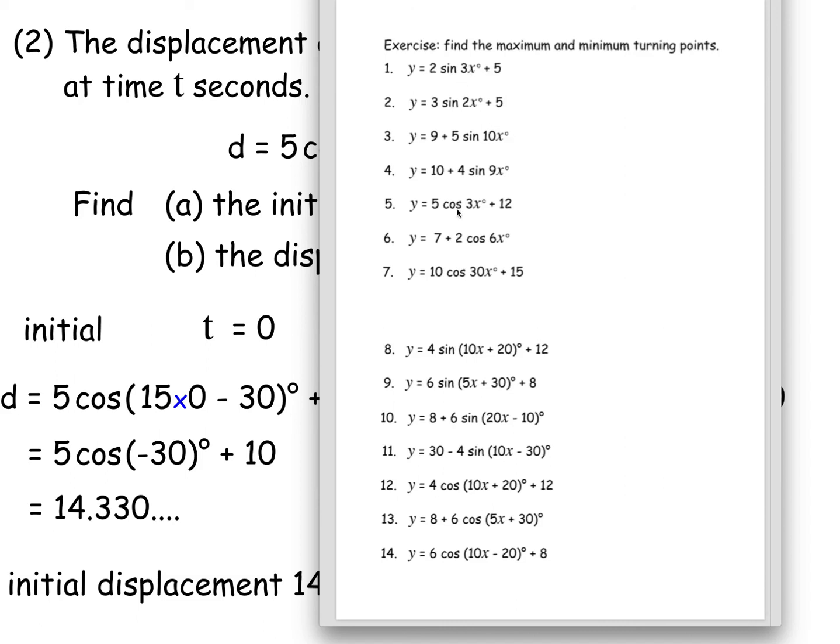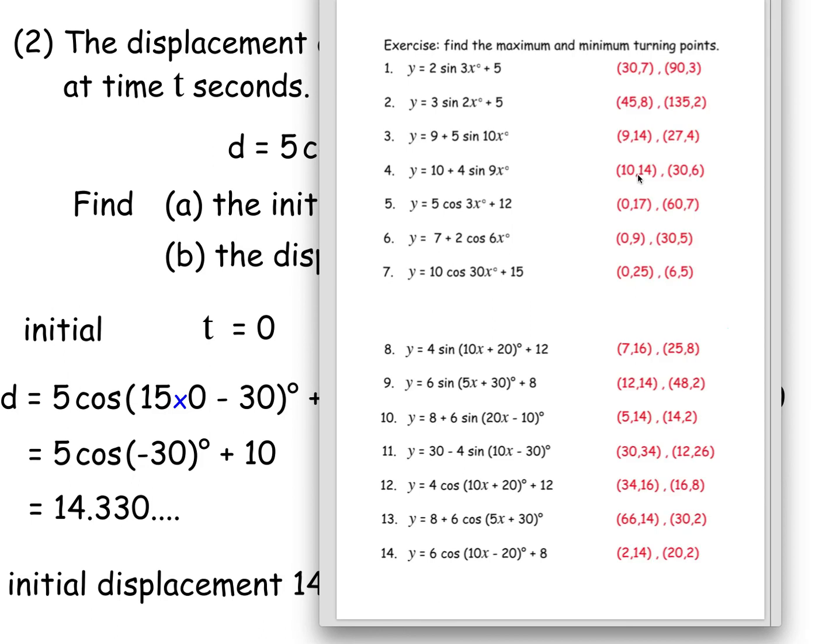If you see a cosine, you make the angle 0 and 180. Even if it's complicated in the brackets, that's all you do. If there's a sine, you make the brackets 90 and 270. And then you work out what x has to be for that to be the case. So there's that sheet, and you'll get answers with it.